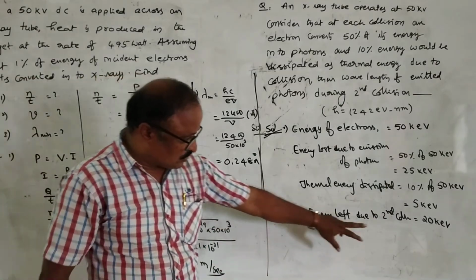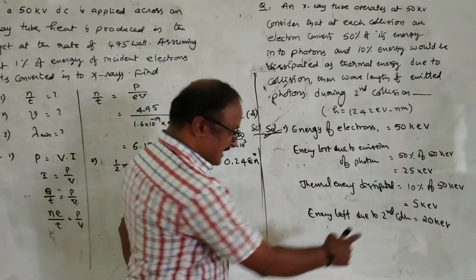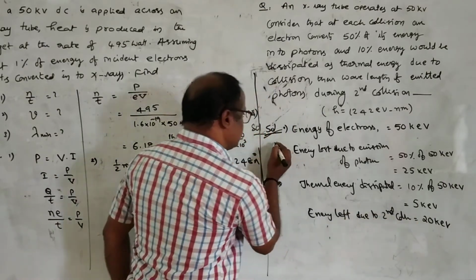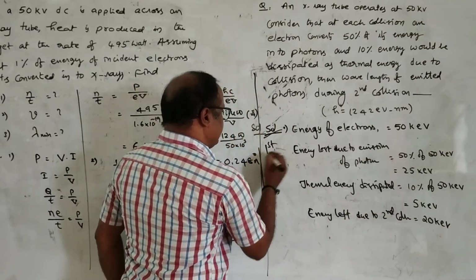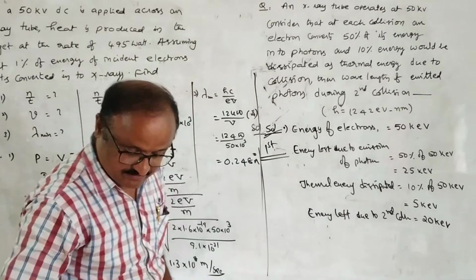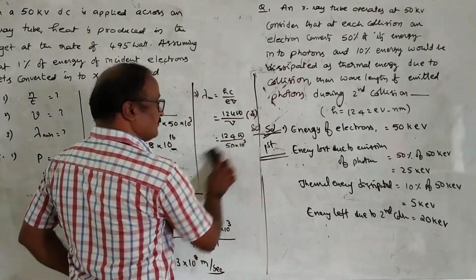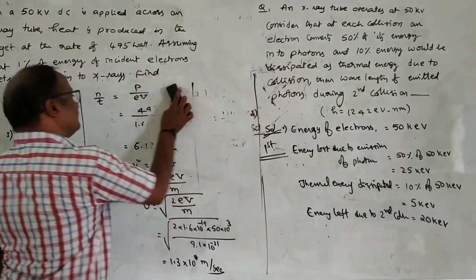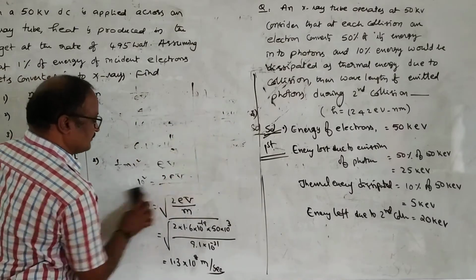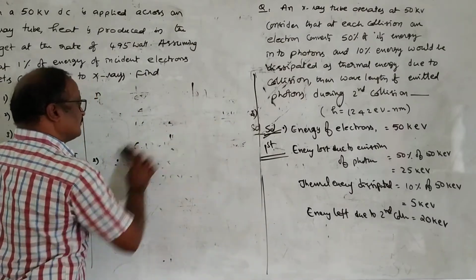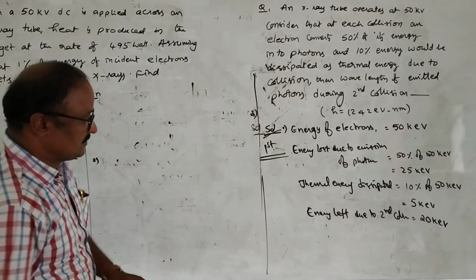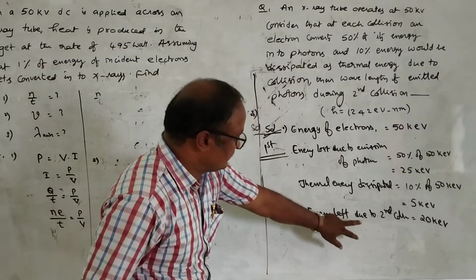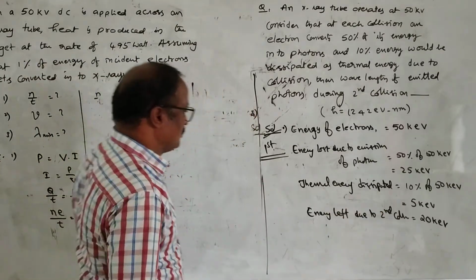Initial energy is equal to 20 kilo electron volts. This is all during the first collision. So the energy left for the second collision is equal to 20 kilo electron volts.